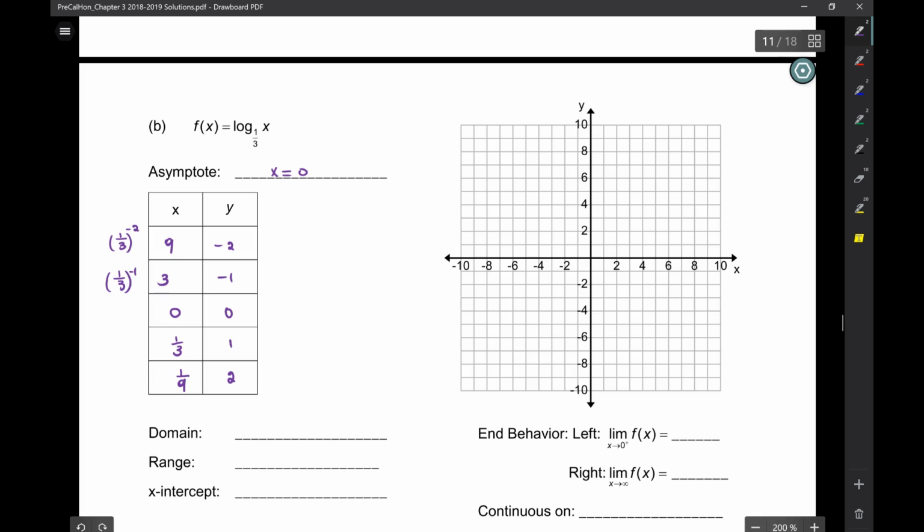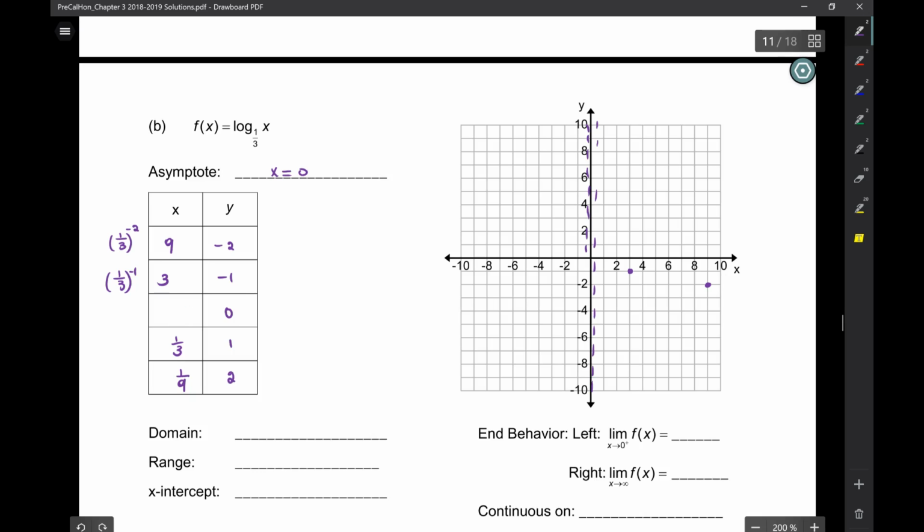All right, asymptote. I'll put the asymptote here. All right, I can erase it. Okay, so when x equals 9, y equals negative 2. When x equals 3, y equals negative 1. When x equals 0, y equals 1.